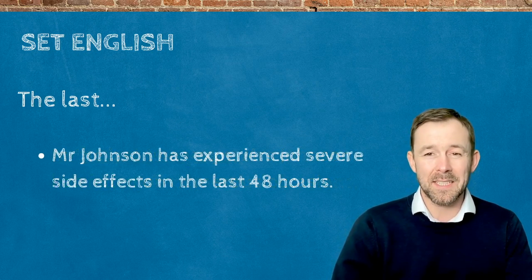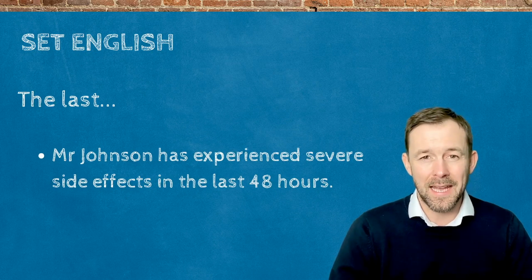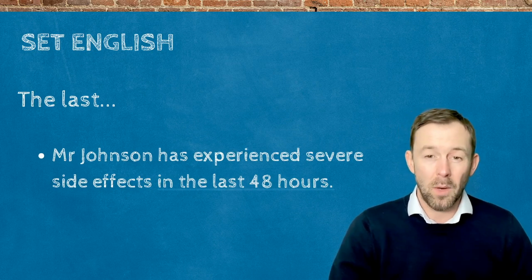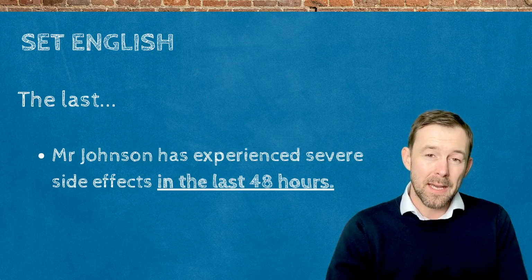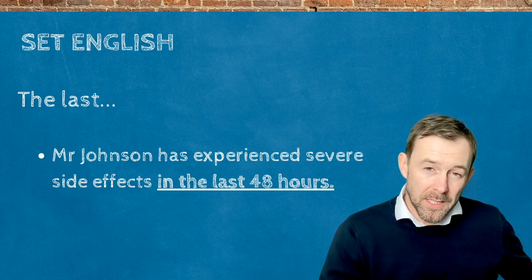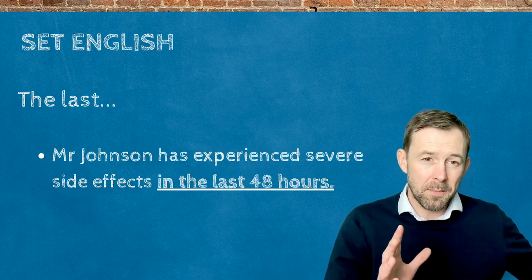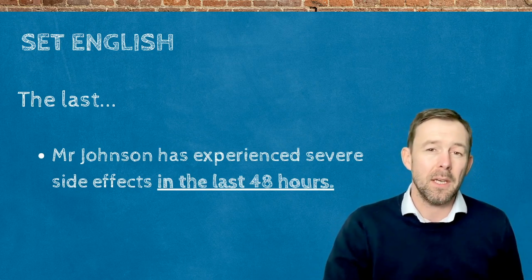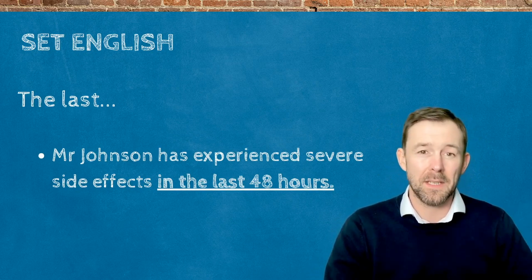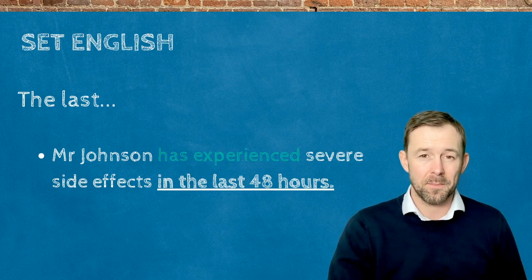Okay, let's look at another example. Mr. Johnson has experienced severe side effects in the last 48 hours. Well, in the last 48 hours, that is starting 48 hours ago, coming up to the present in that period of time. It's an open time period. We use the present perfect, has experienced.